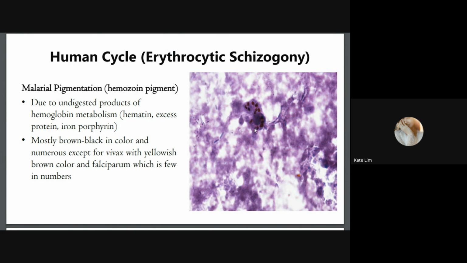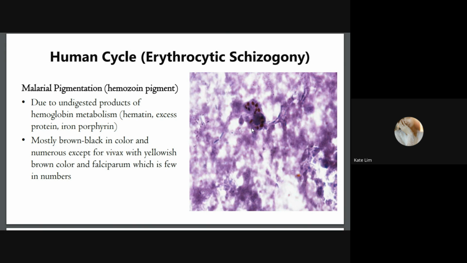Because in Plasmodium vivax, the pigment is a bit different. It is yellowish brown. So this is actually a clue to identify this species. And in Plasmodium falciparum, the pigment is lesser, so you will find only a few granules in the infected cells.